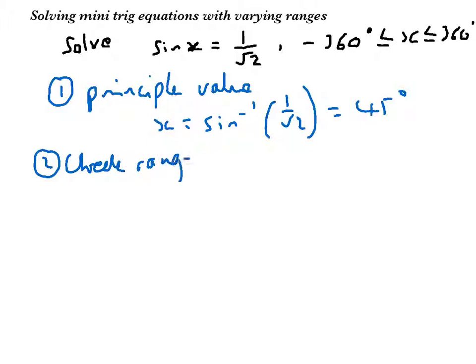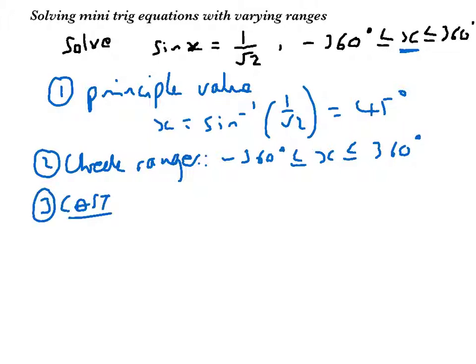This checking range is going to be so essential when you start transforming, or using values which are not just x, so half x, 3x, x minus 70 degrees, all this kind of thing. So get in the habit now of doing this check range. Step 3, CAST. Nothing's changed so far, has it?